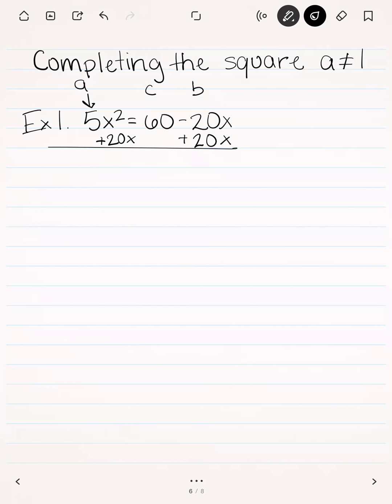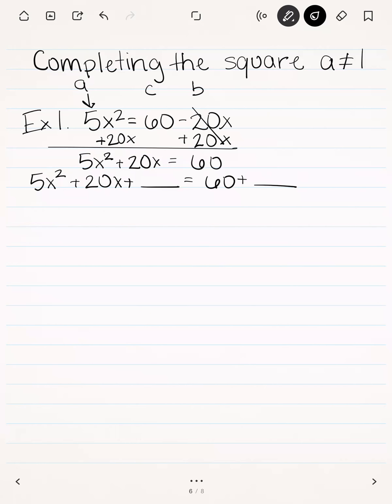Okay, so I get 5x squared plus 20x equals 60, and these 20x's cancel out. Now, step 2, I need to add in my spaces. So I have 5x squared plus 20x plus space equals 60 plus space.